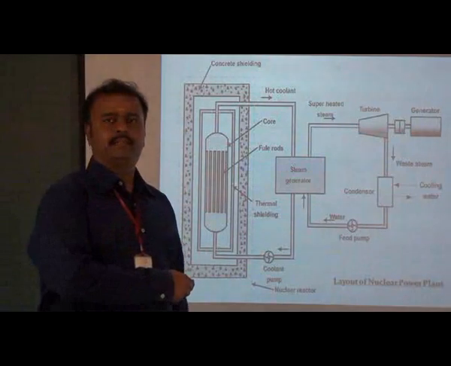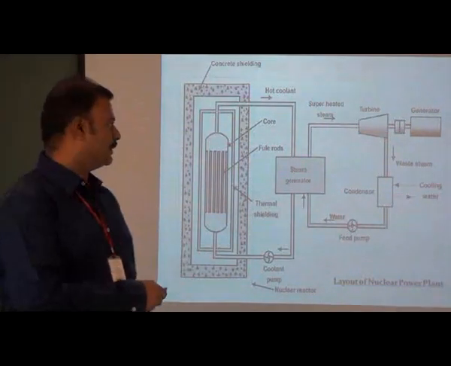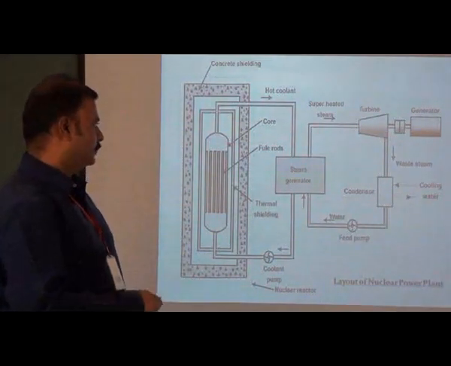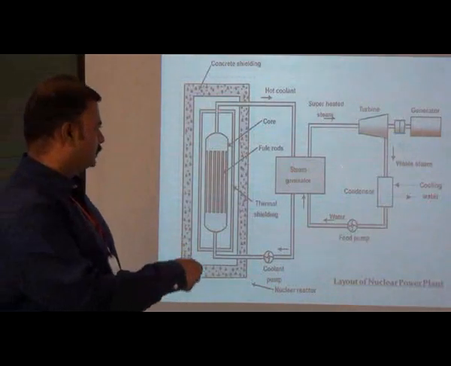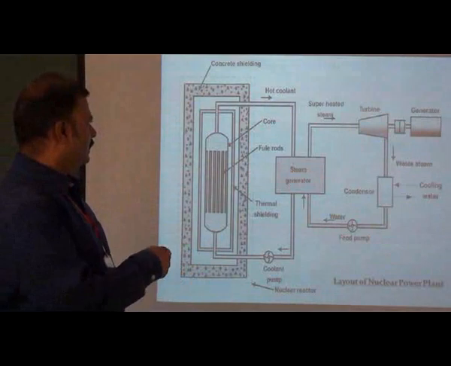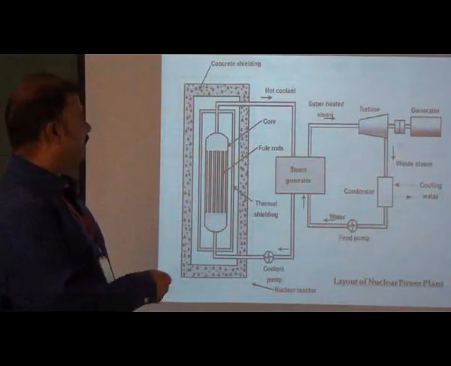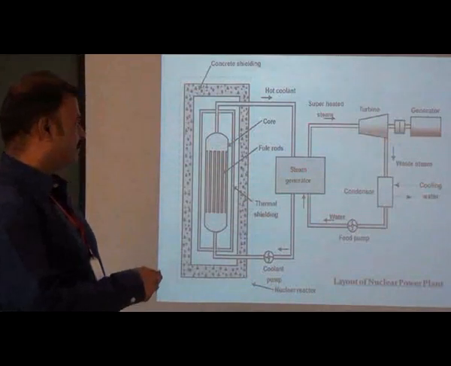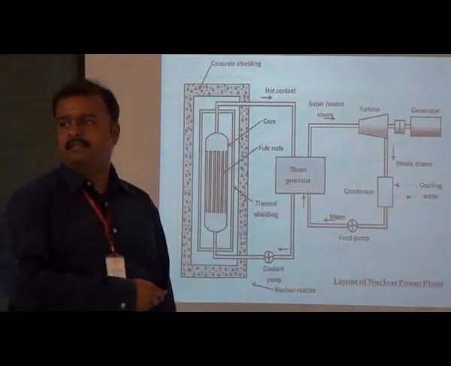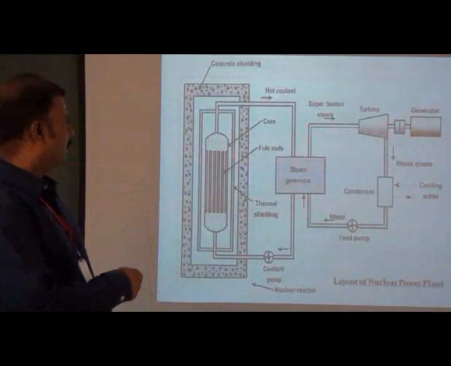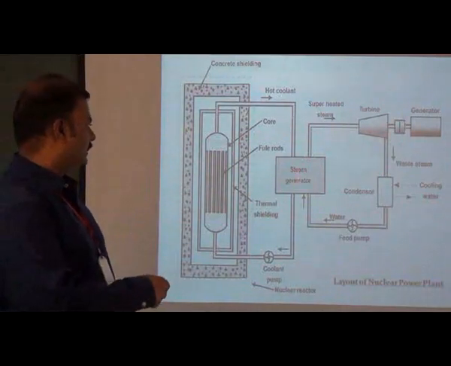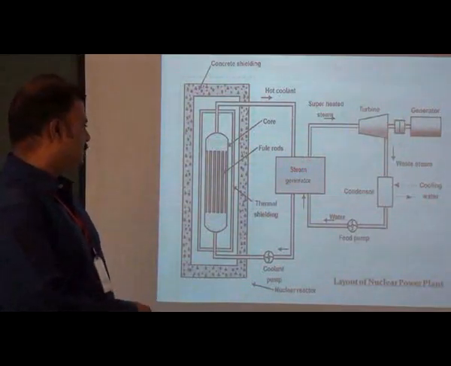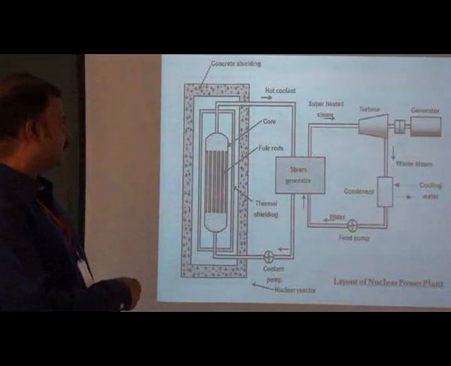Steam generator is nothing but a heat exchanger where the water in the secondary circuit is heated. The heat available from the primary circuit is used to heat the water coming from the secondary circuit. Then it is converted into superheated steam. And here the hot coolant is cooled, and again by using the coolant pump it is circulated back to the nuclear reactor.